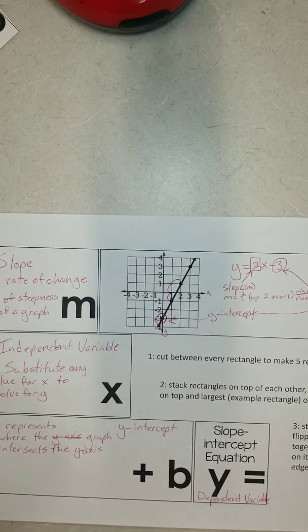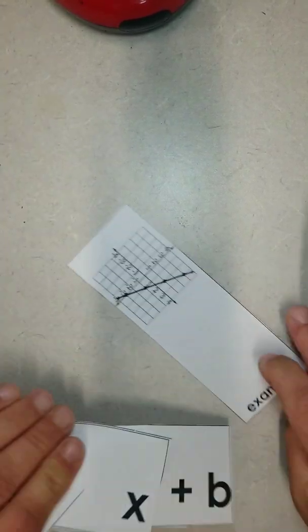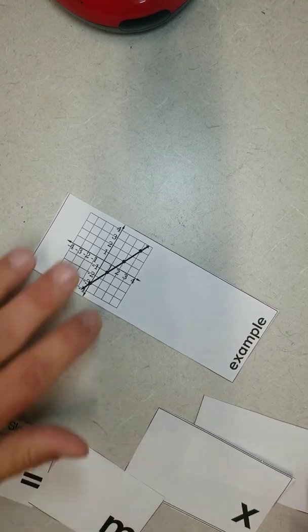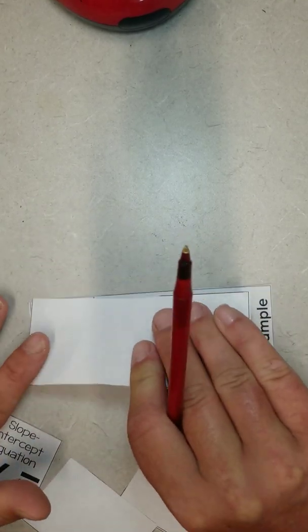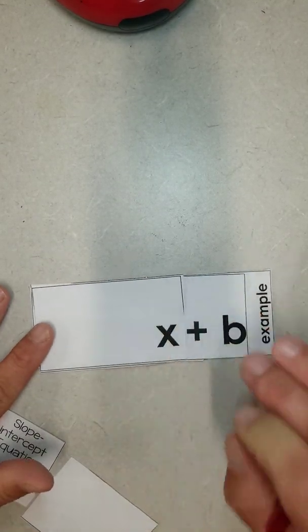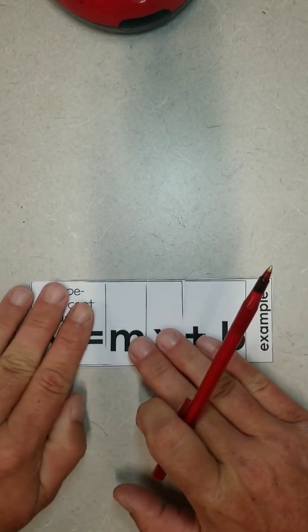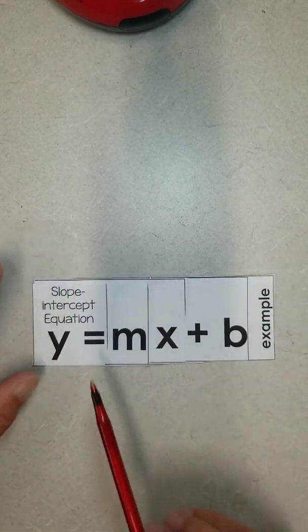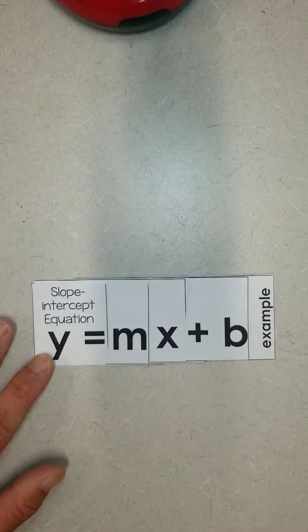Once you get that all copied down, if you need to, rewind and go back through. You're going to cut out every single piece of this, so you will have a bunch of single pieces. Take your big piece, the example piece, and put it on bottom. Then put the next biggest piece, which is the B, and then the X, and then the M, and then the Y. It gives you the slope-intercept equation, which is y equals mx plus b.